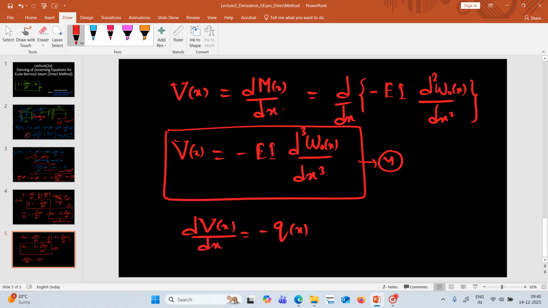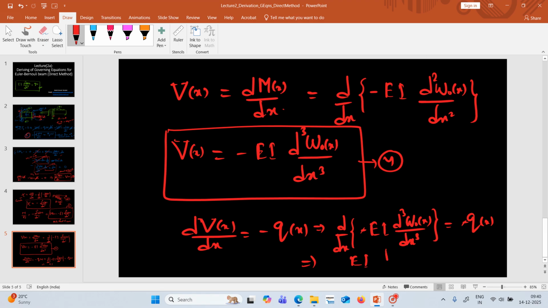So d by dx of minus EI d3 w naught of x by dx cube equals minus q of x. If you take the derivative, the minus signs cancel from both sides, giving plus EI d4 w naught of x by dx to the power 4 equals q of x. That is the governing equation.